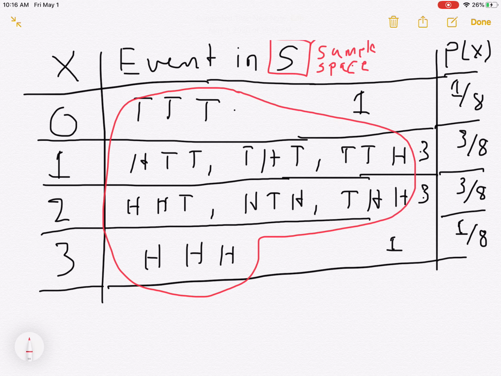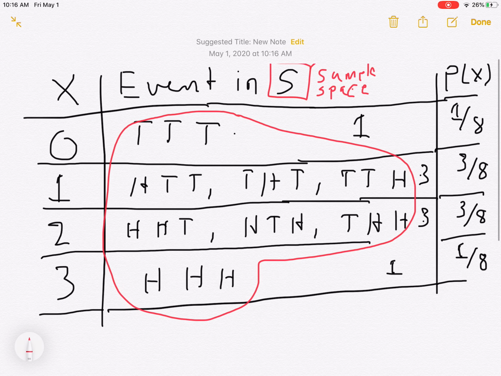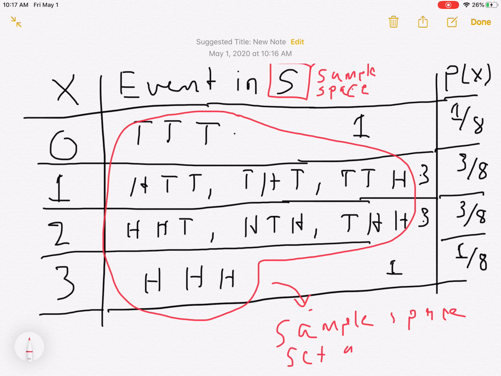This is the sample space, and that is the set of all possible outcomes.